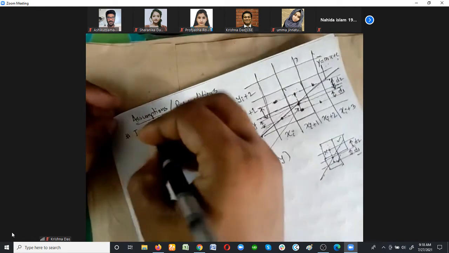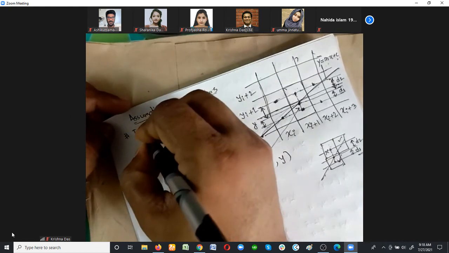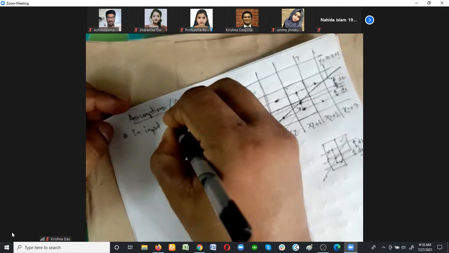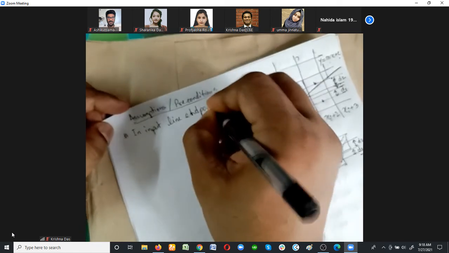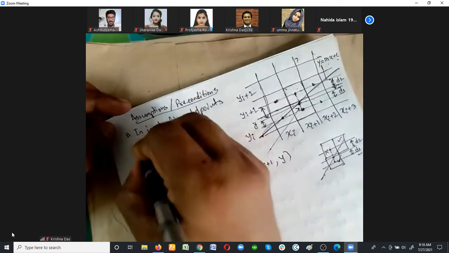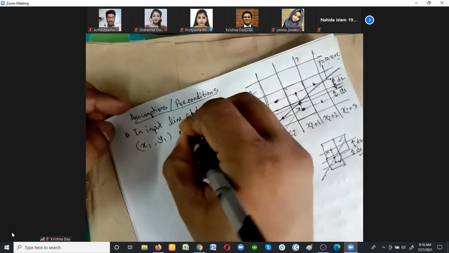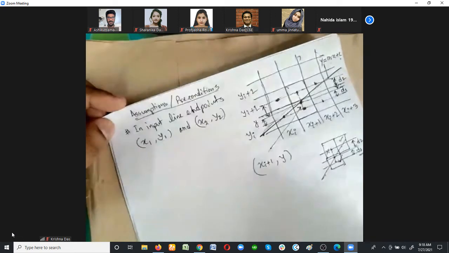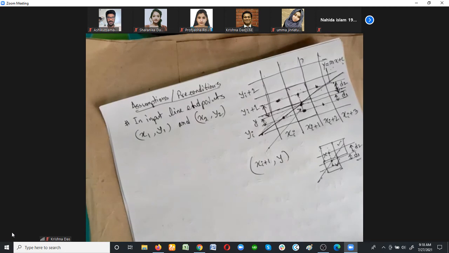So in the input, the line endpoints, definitely we need those two endpoints, which are x1, y1, and x2, y2.